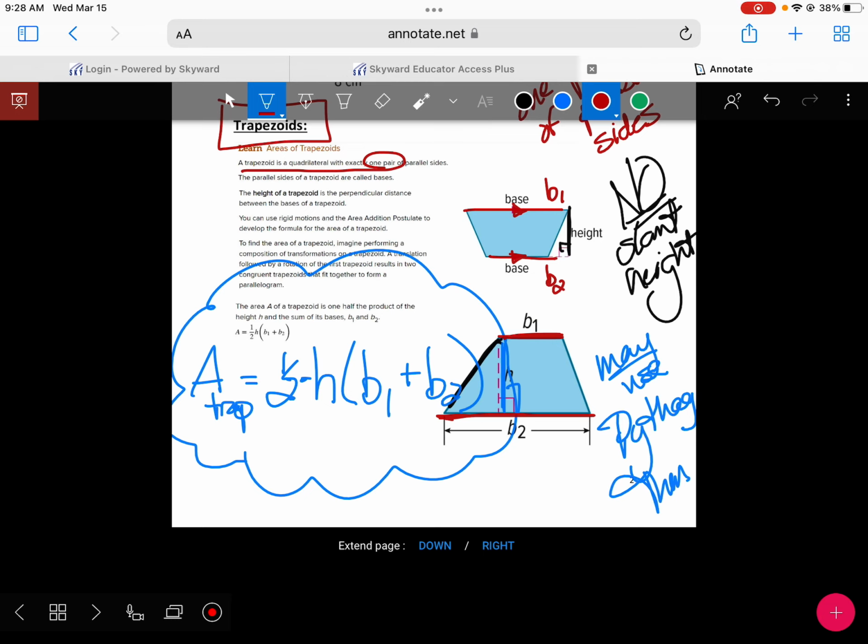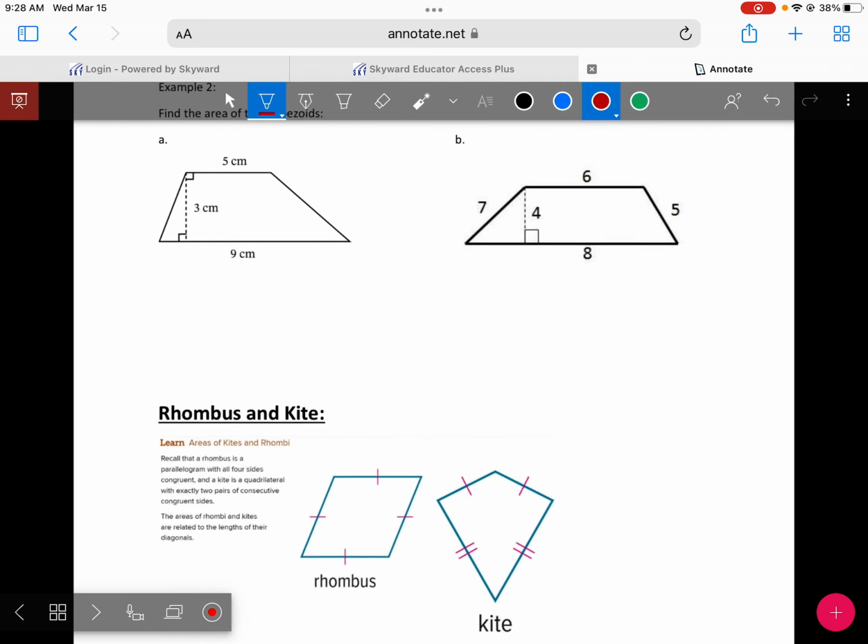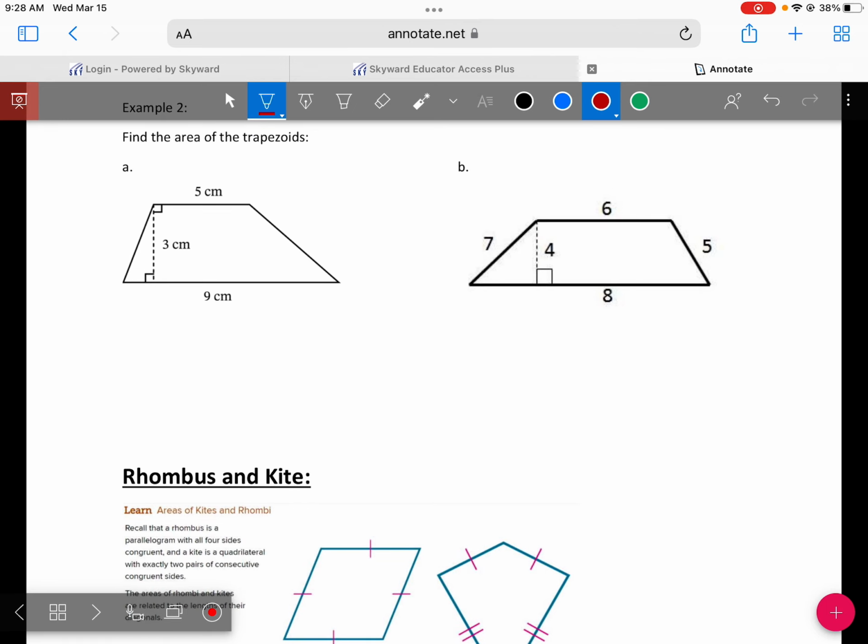So let's go to an example with a trapezoid. This is a trapezoid, and to me, it looks like a cut-off triangle.